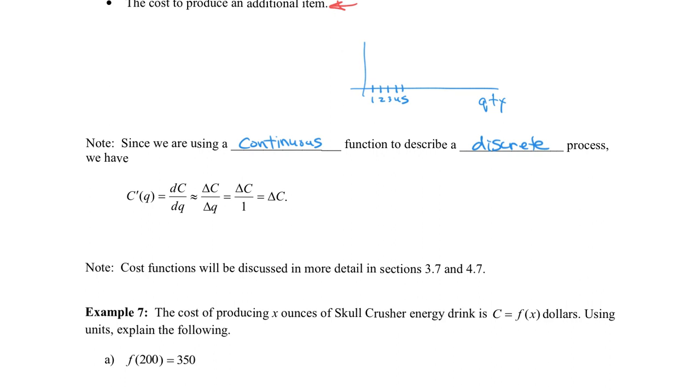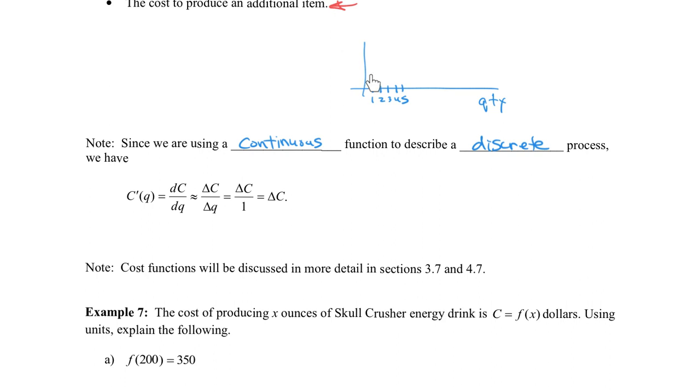But remember, econ models are not meant to be precise. They're meant to be good enough to give us good information so we can make good decisions, but nobody expects them to be precise. So because of that, even though these are not exactly the same, oftentimes it's just quicker to find this, so we'll just take the derivative, and that's what economists do all the time. So they will take the derivative even though we are really using a continuous function to describe a discrete process.